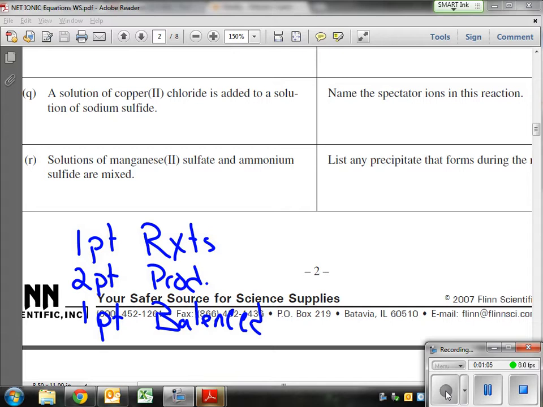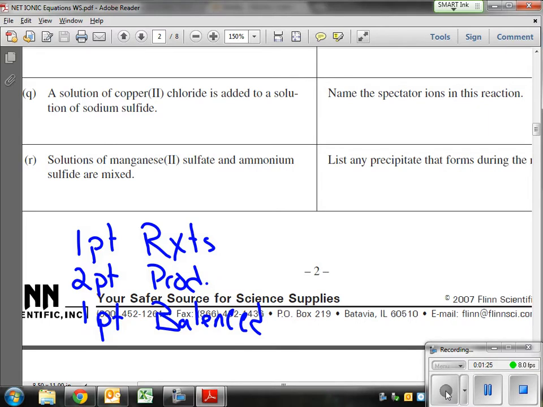After you have an equation, you have one question that's an all or nothing question. And it's usually about whatever reaction occurred. So let's talk about the strategy you're going to use to tackle this FRQ.